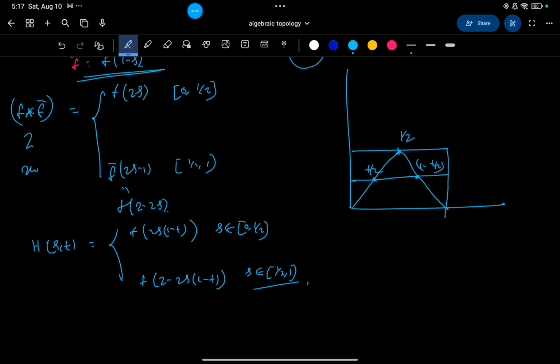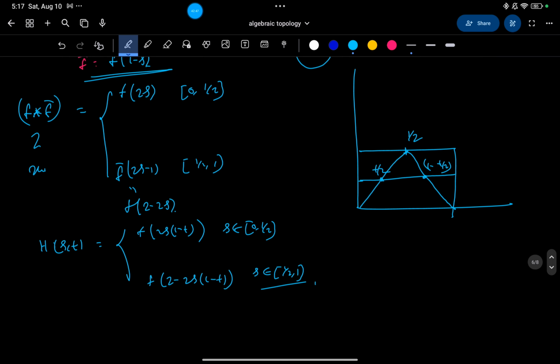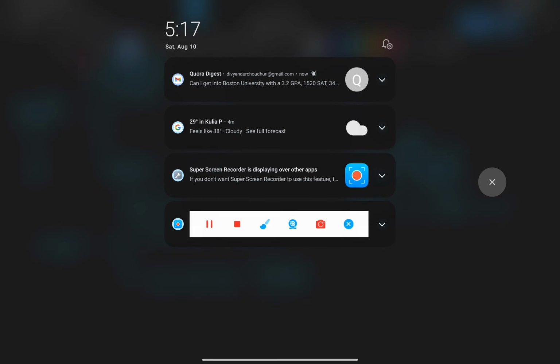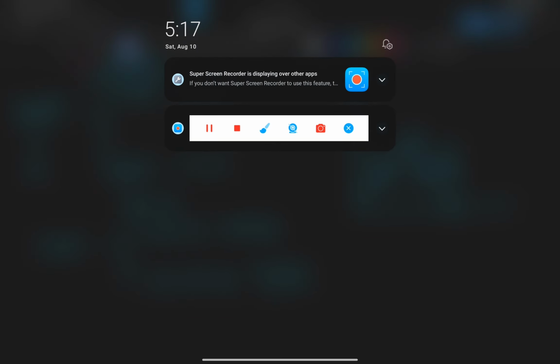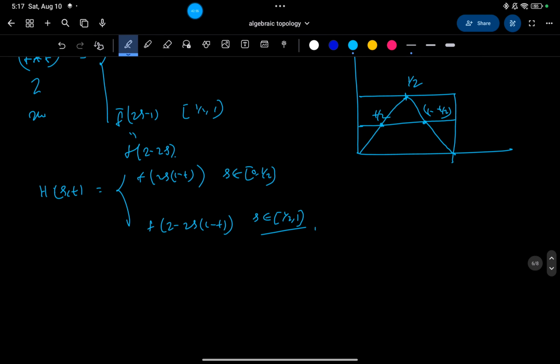Okay, so then f star f bar is the same as x naught, and the converse is also possible. Alright, so this is how one can show that inverses exist.